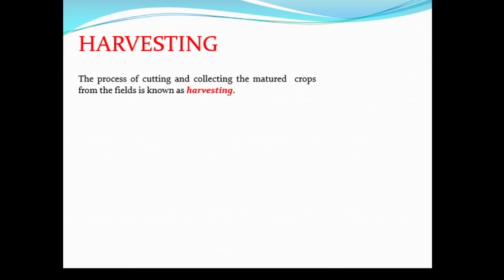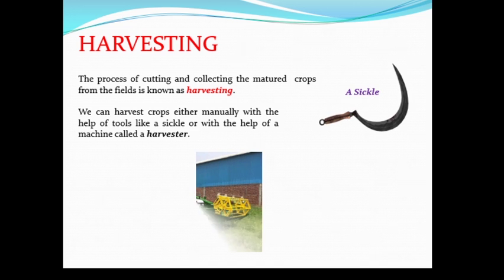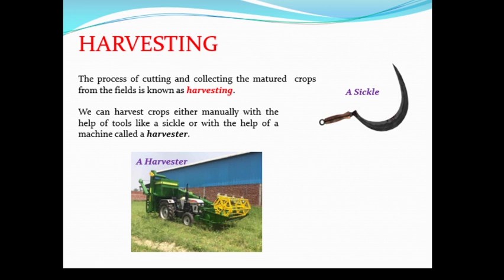Harvesting. The process of cutting and collecting the matured crops from the field is known as harvesting. We can harvest crops either manually with the help of tools like a sickle or with the help of a machine called a harvester.